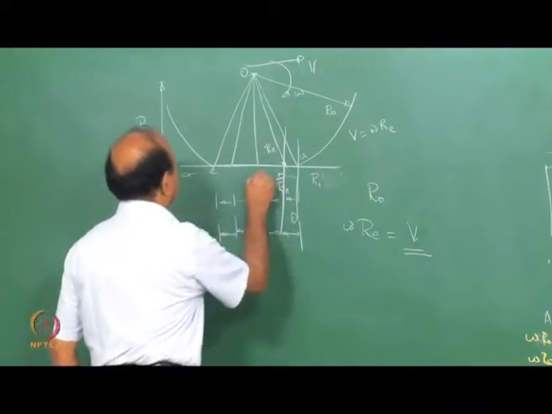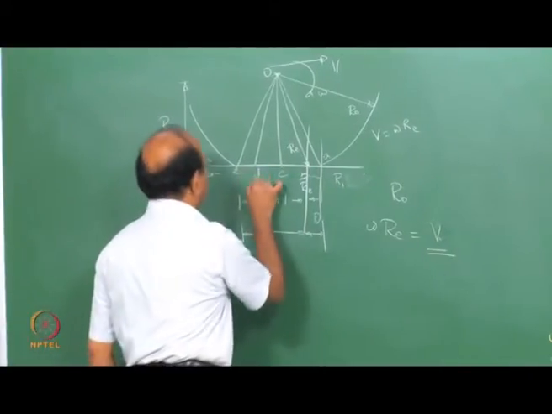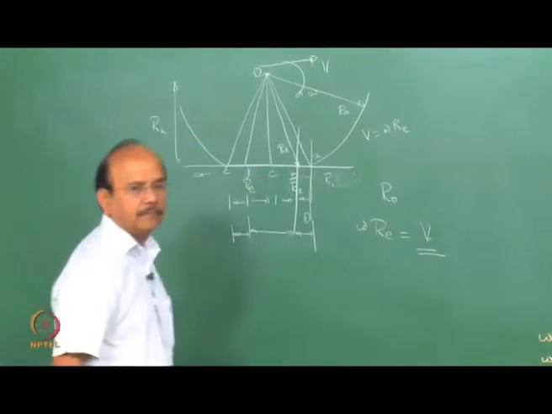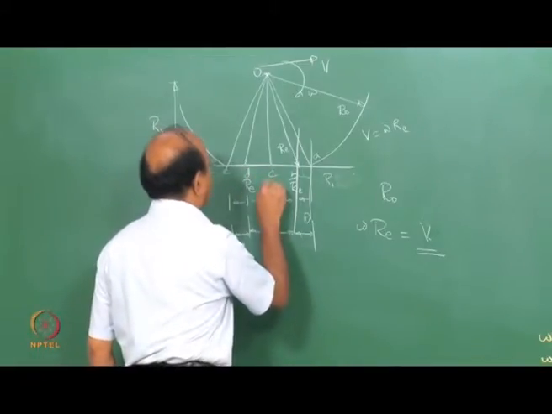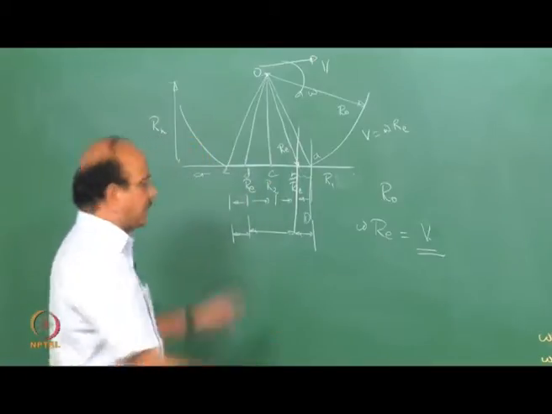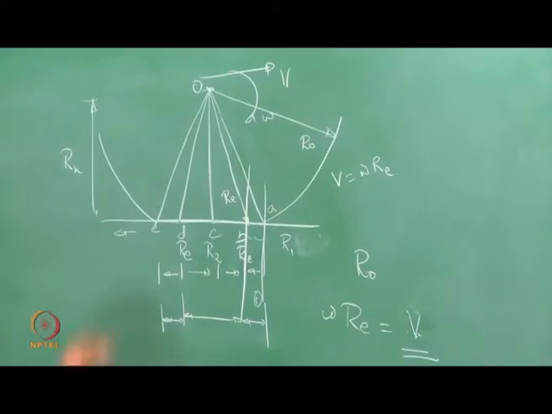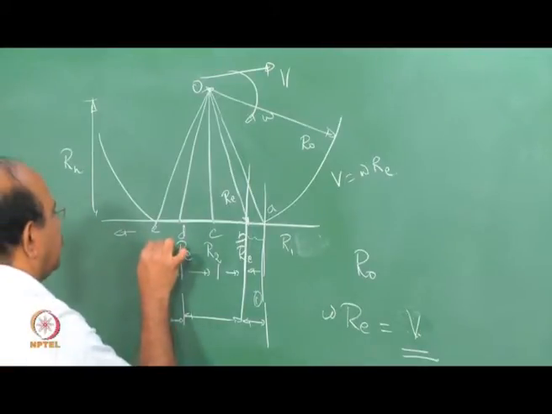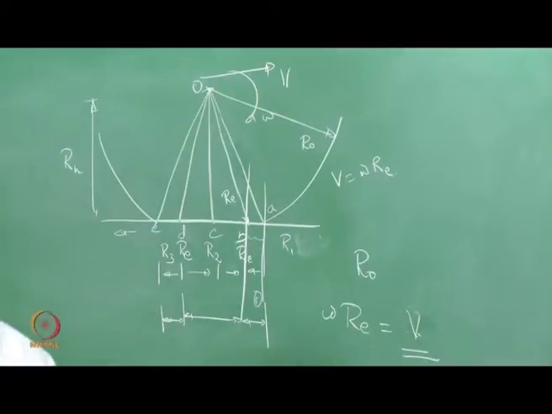Let me call that point C, and this one D, and the radius at D is again RE. Between the two, the radius is R2, which is a function of this length s, and in this region it is R3, again a function of s.